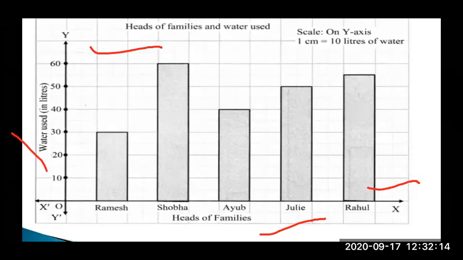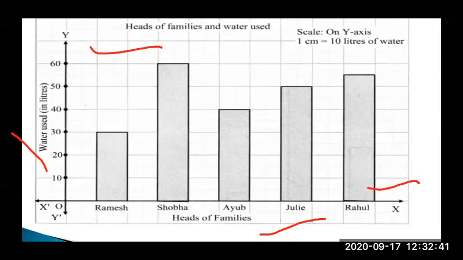How much water they have used, that you will write on the y-axis line. I told you, you can write on the blank line also. It is right only. If you are writing on the upside also, that is also right. Now it is your choice where you are going to write, but it should be written downward, not upward.